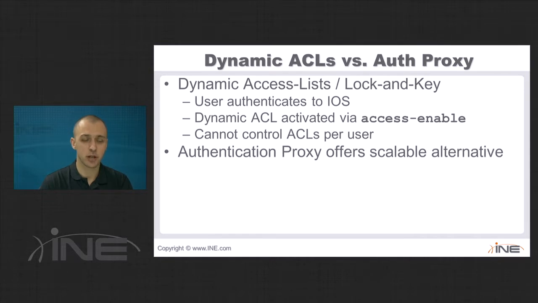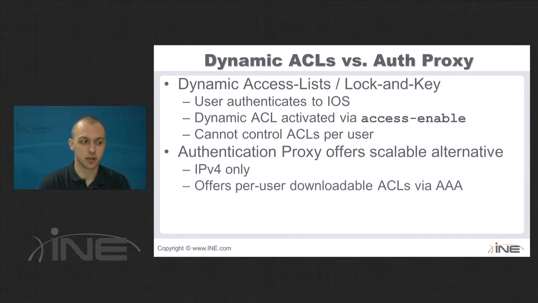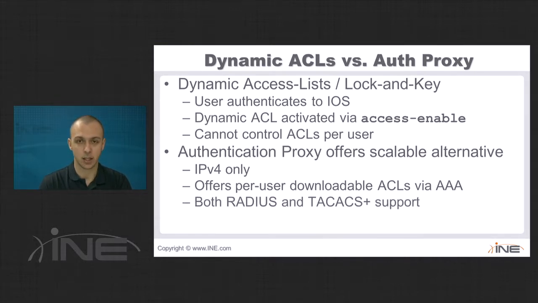The authentication proxy functionality is more scalable because it can integrate with remote TACACS and Radius servers, and it offers per user ACL authorization. So now with authentication proxy, once each user authenticates, each user can uniquely receive a different authorization from the remote AAA server, which was not supported by downloadable ACLs.